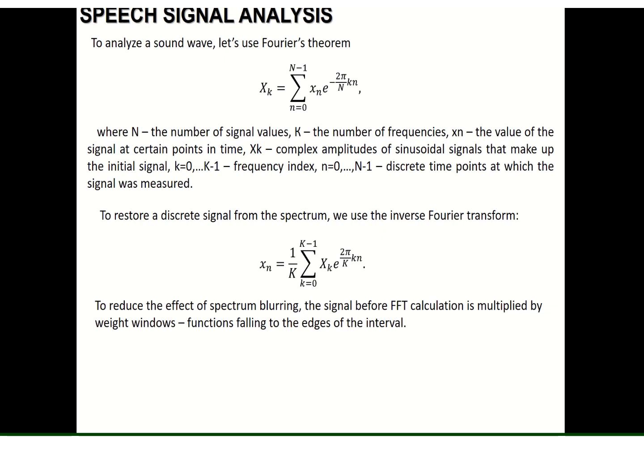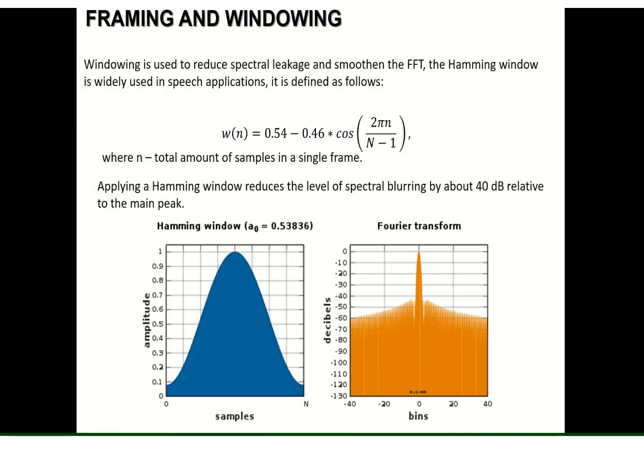To significantly speed up the spectrogram construction process, the fast Fourier transform algorithm was used, which works with complex numbers and transformation size representing powers of 2. To change the size of the spectrum obtained after the fast Fourier transform, the Hamming window was used.